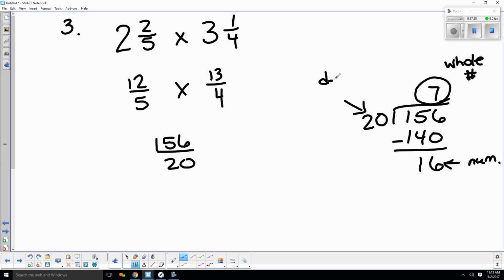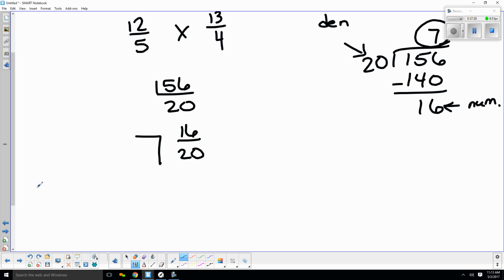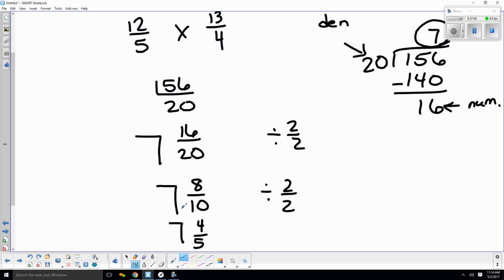This is my denominator, which is the bottom number. So this is 7 and 16 over 20. Now I'm going to reduce. I'm going to go basic. We're going to reduce by 2 because they're both even. I get 7 and 8 over 10. Again, they're even. I can reduce by 2 again and get 7 and 4 over 5.